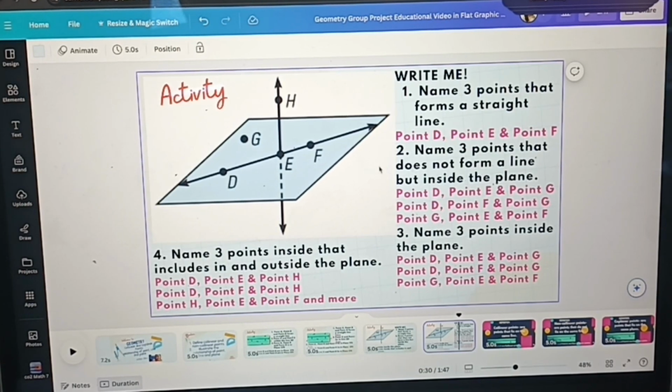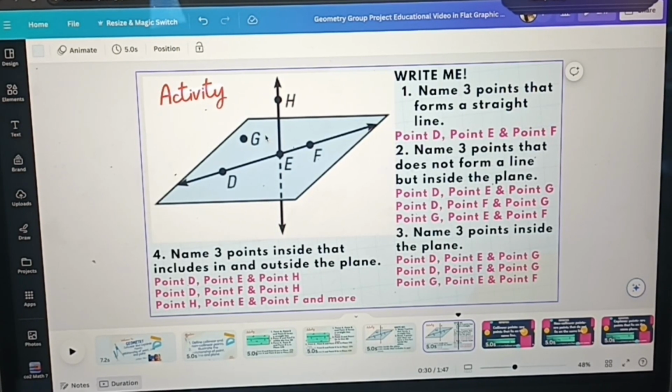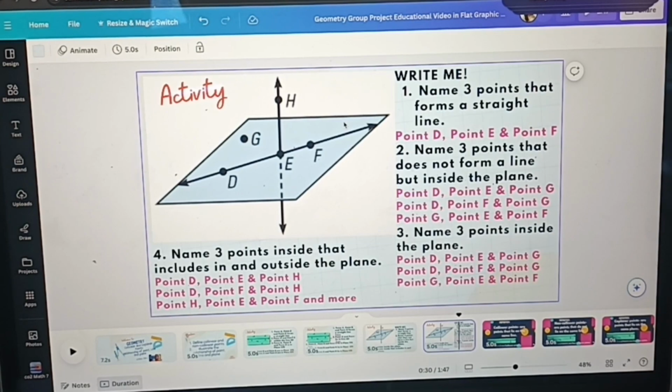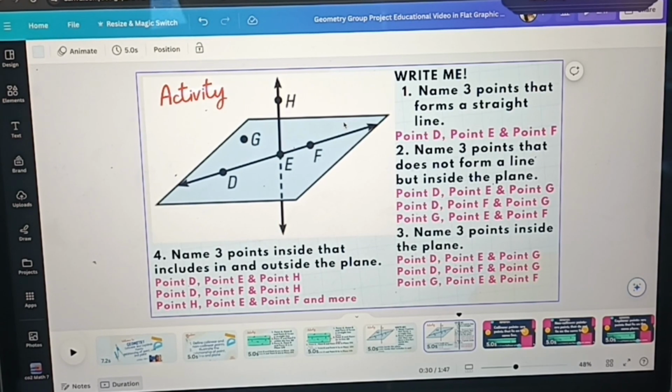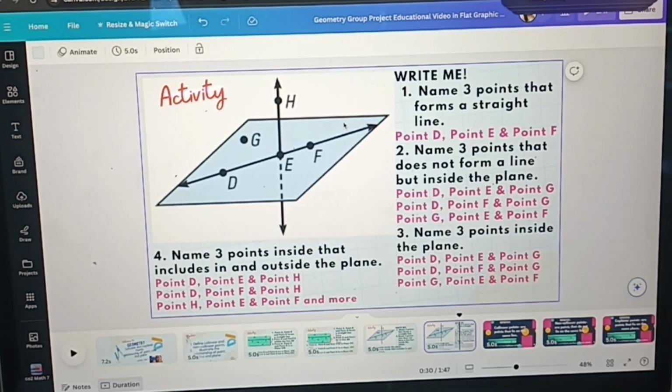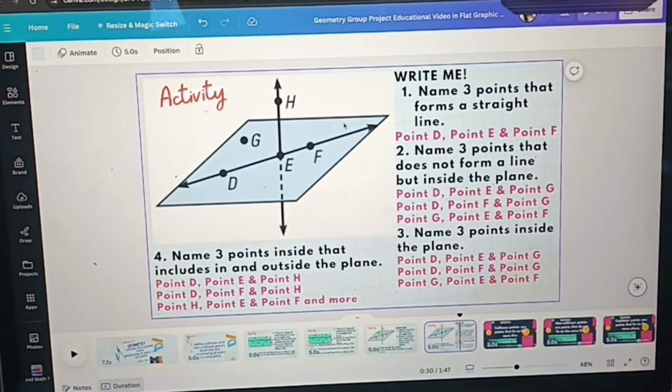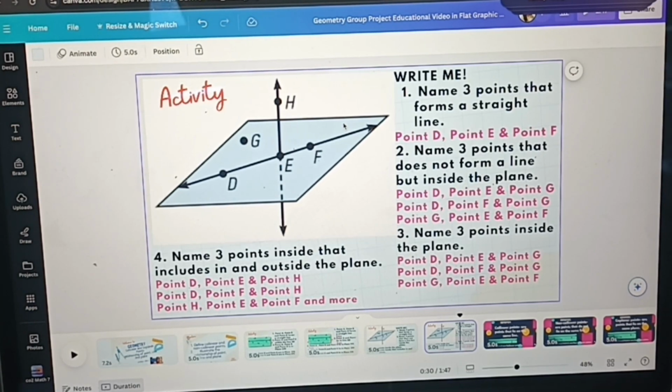So for example, we have point D, point E, point G. We have also point D, point F, point G. We have also point G, point E, point F. We have also point D, point E, point F. So you may use any of those combinations of points. Remember that I just need 3 points that are located inside your plane.